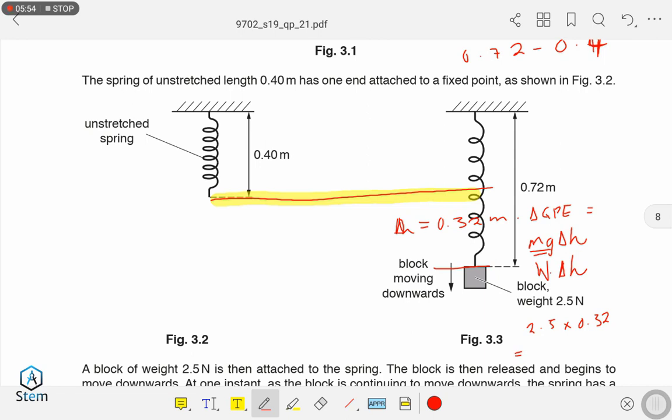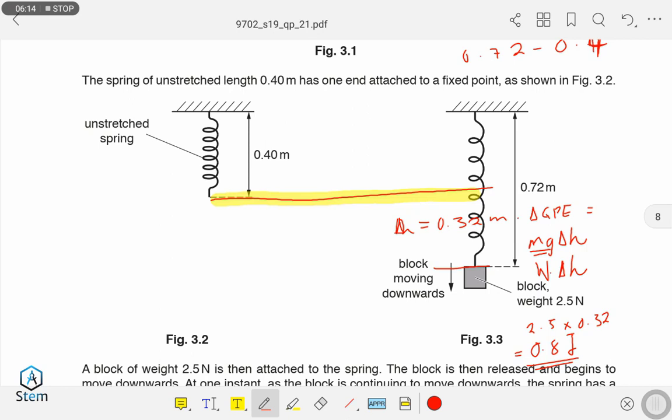We just punch in the calculator and we get 0.8 joules. So that is the change in gravitational potential energy. It's actually a drop in gravitational potential energy.